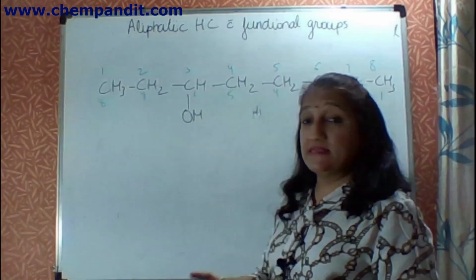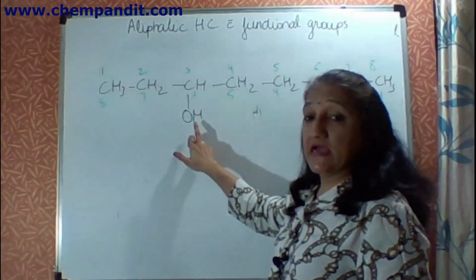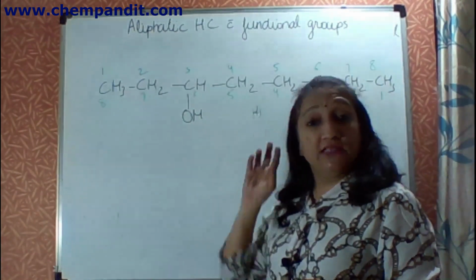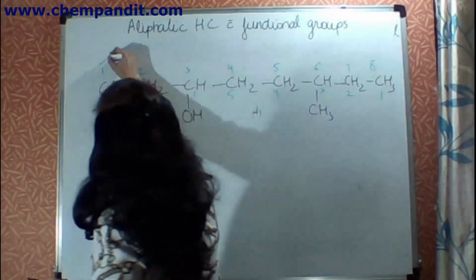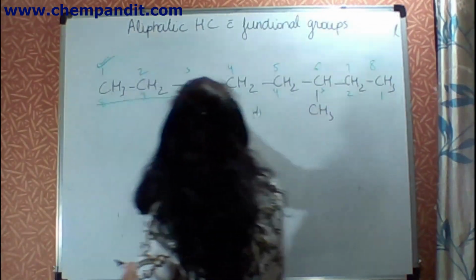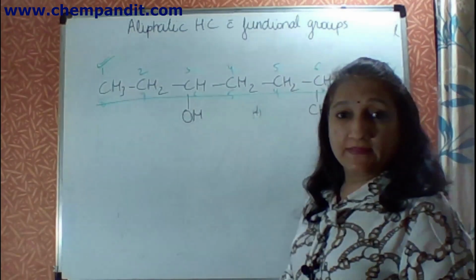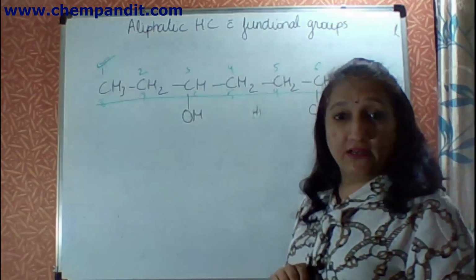So the rule is the carbon containing this hydroxyl group should get the lowest number while numbering. So this is the correct sequence which we will follow. So let's strike out the second one.